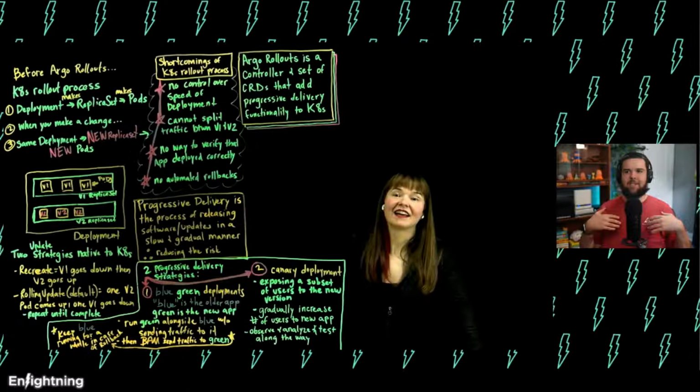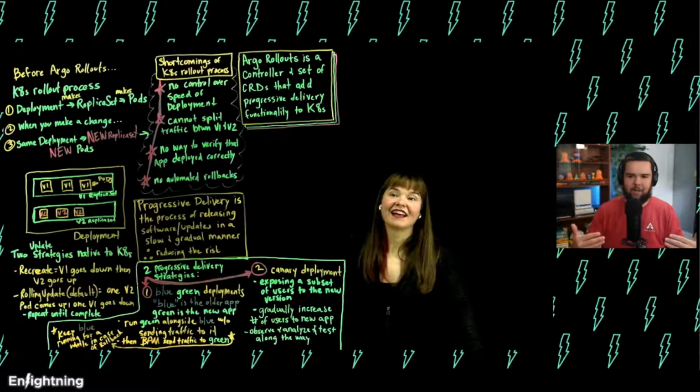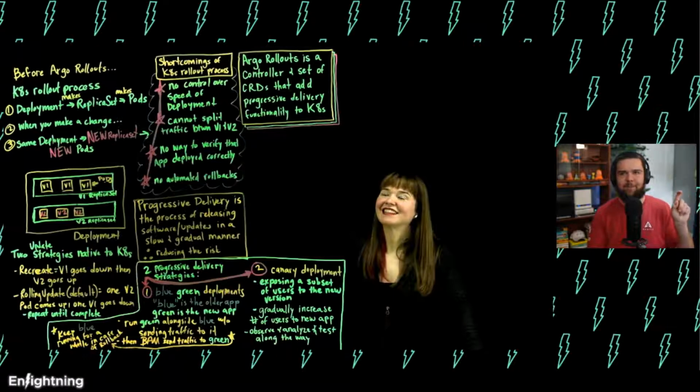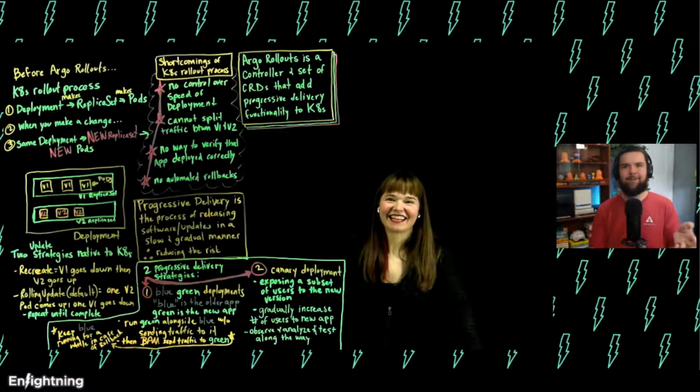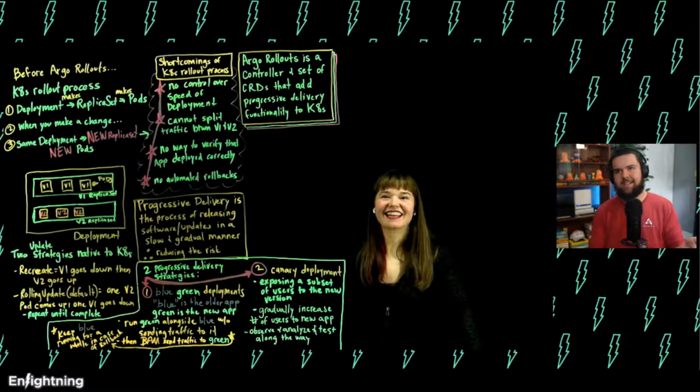Argo Rollouts is like another layer of functionality that gives you control over how you want that to be changed in the live state of your cluster, but only for deployments and pods. It wouldn't progressively deliver your config map to a subset of resources.